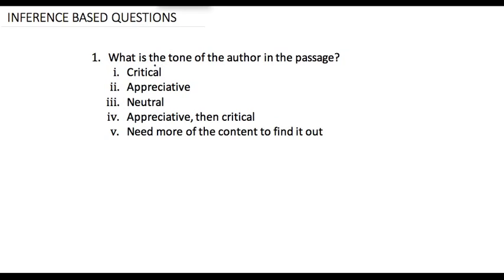Let's come to the last inference based question. The last question is, what is the tone of the author in the passage? In the study material that I have provided, there is a file on different tones which are normally asked in passages. You can go through that file to understand the meanings of different tones.